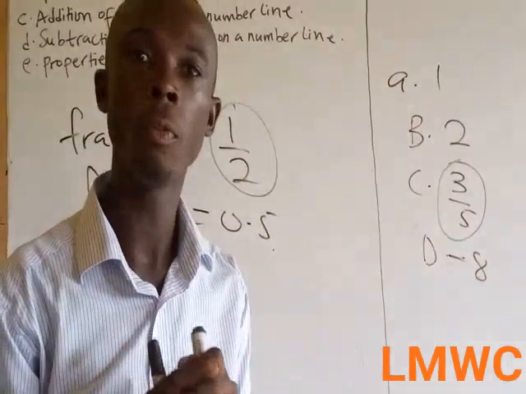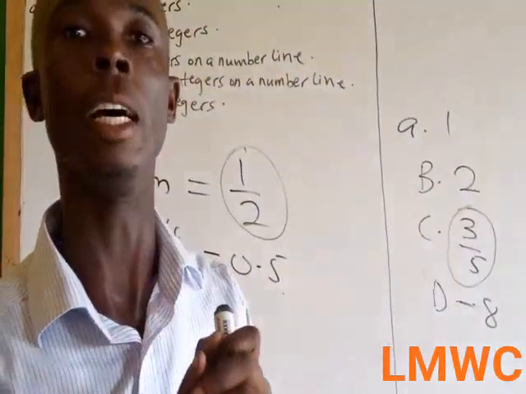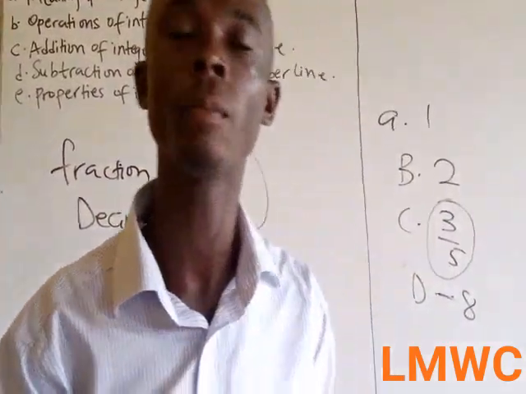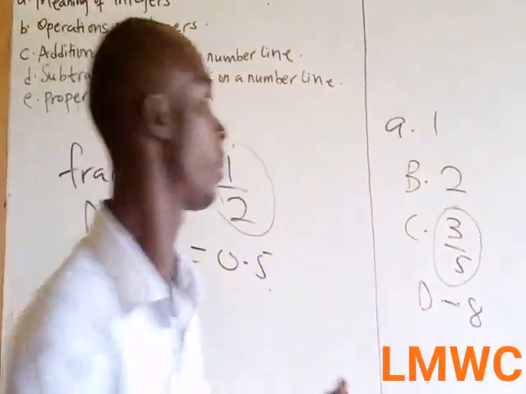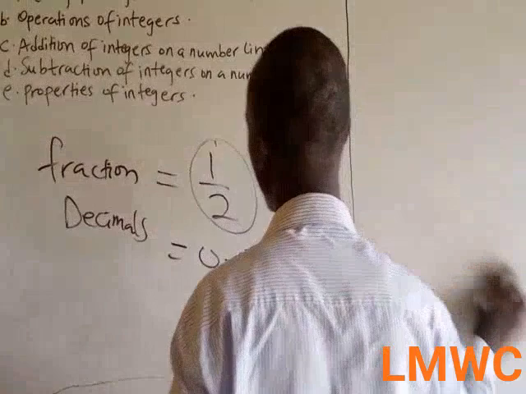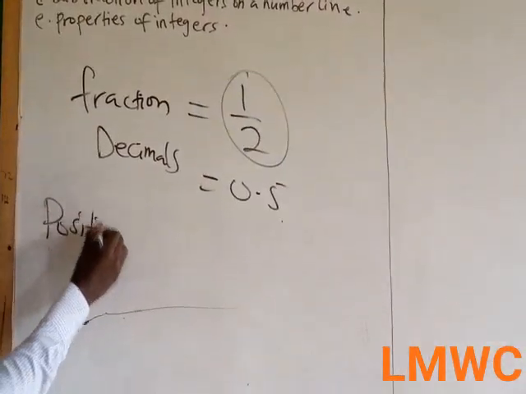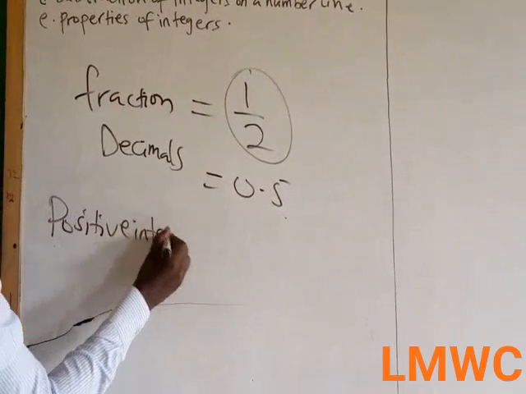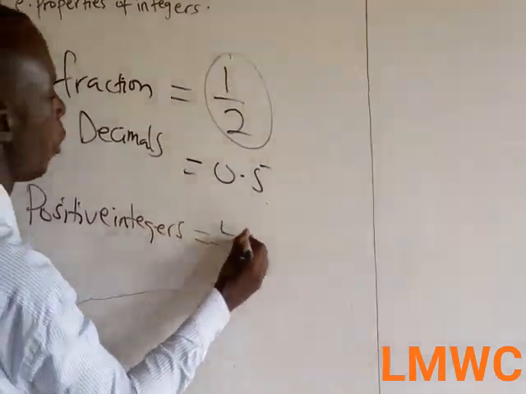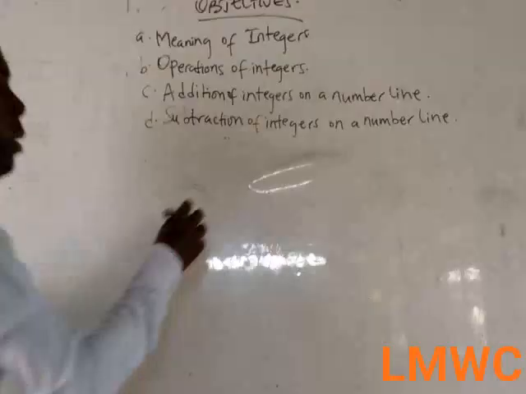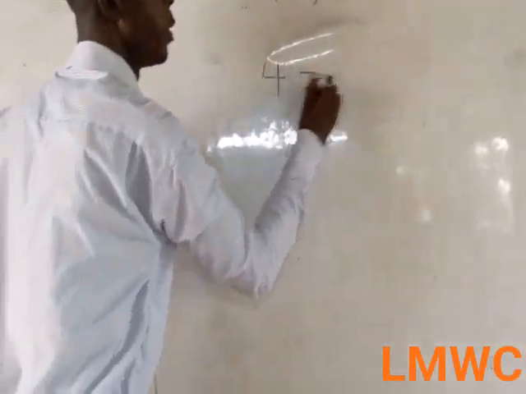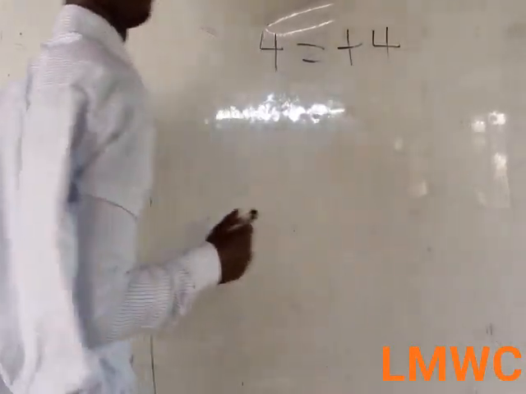So I now believe we know the definition of an integer. We have positive integers and negative integers. For positive integers, we have 4, 5, and in integers 4 is written as positive 4.